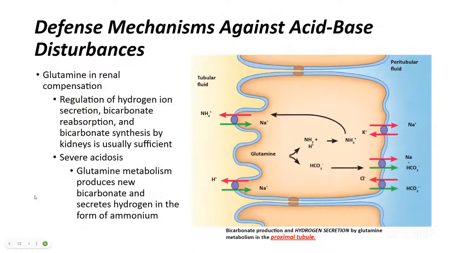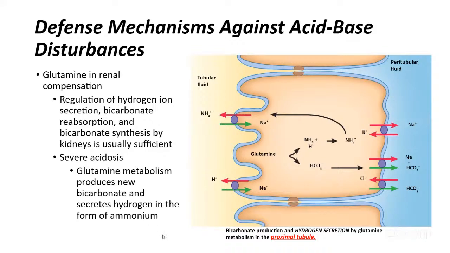The final thing that we may do in renal compensation as a defense against major changes in pH is use a molecule called glutamine as another source of bicarbonate ions, essentially.